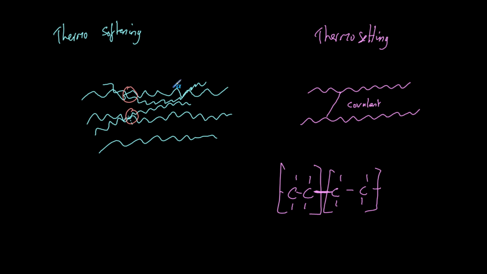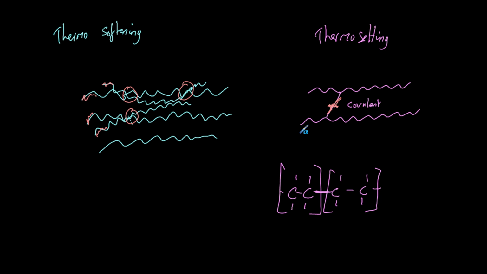And we've got tangles here, and we've got tangles here, but there's no covalent bonds between this molecule and this molecule. And that means when we melt them, all we do is separate this one from this one, and that's relatively easy because they're not covalently bound together. A thermosetting polymer, we need to break this covalent bond in order to separate them, and that obviously becomes very difficult. And with a lot of thermosetting polymers, they won't even melt.